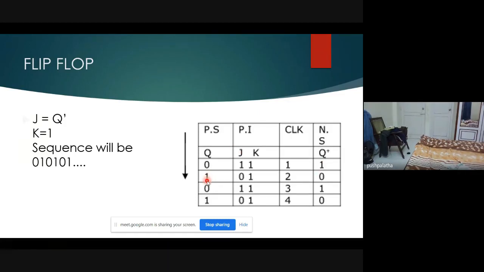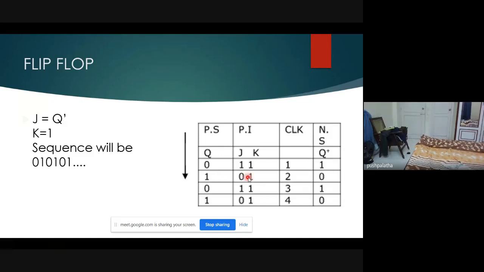K value is always 1, it is given as a high value only. But J is Q bar, which is now equal to 0. So in the second clock cycle, JK is 0 1.